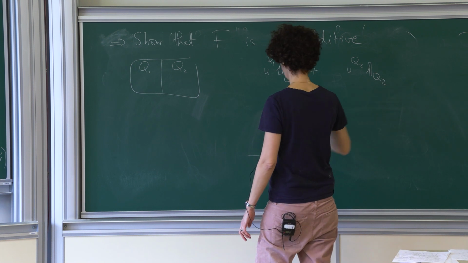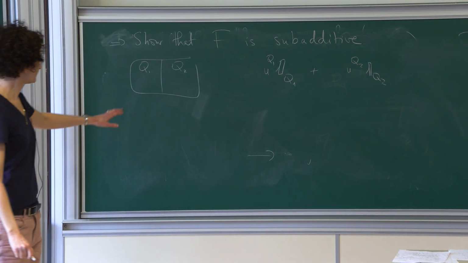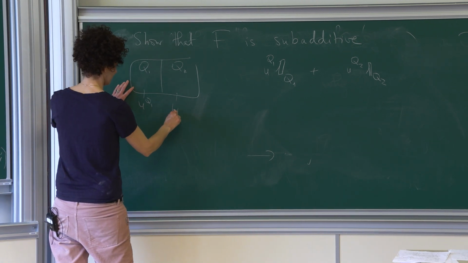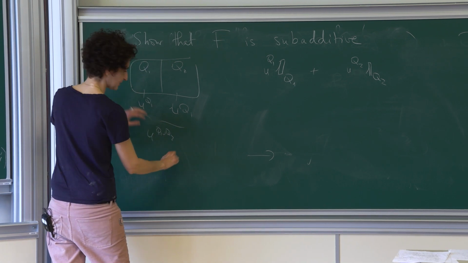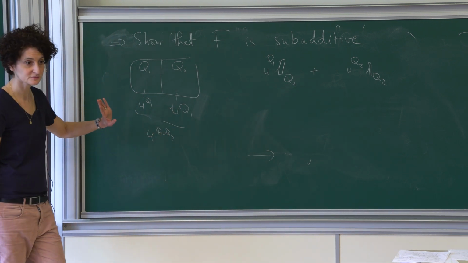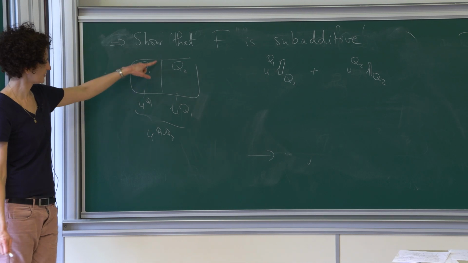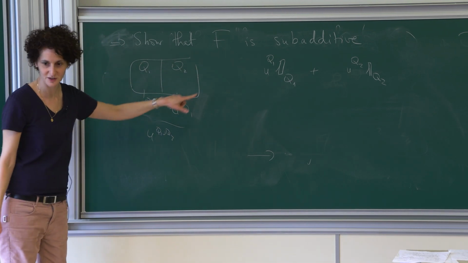And you also have the U of Q1 union Q2. In principle, they are not the same. Right? So this one solves with Neumann boundary condition here, this one solves with Neumann boundary condition here, and this one solves with Neumann on the big box.